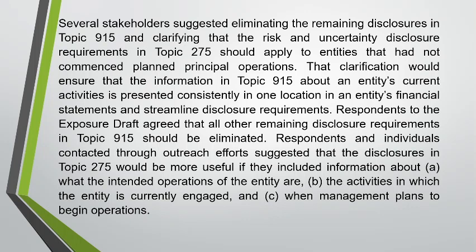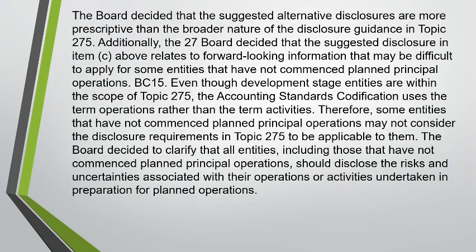Respondents and individuals contacted through outreach efforts suggested that disclosure would be more useful if it included information about the intended operations of the entity, the activities in which the entity is currently engaged, and when management plans to begin operations.